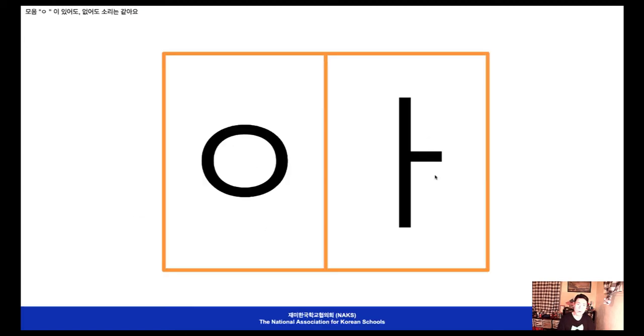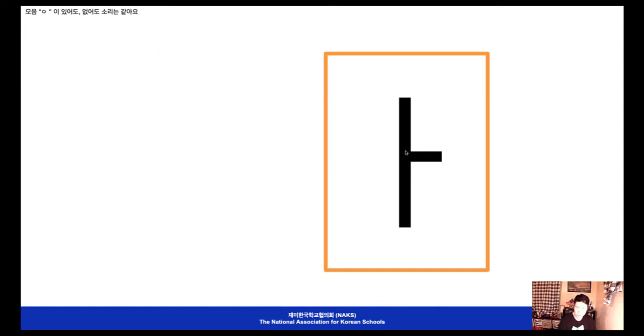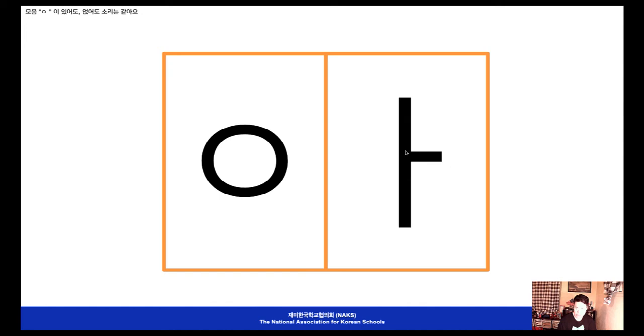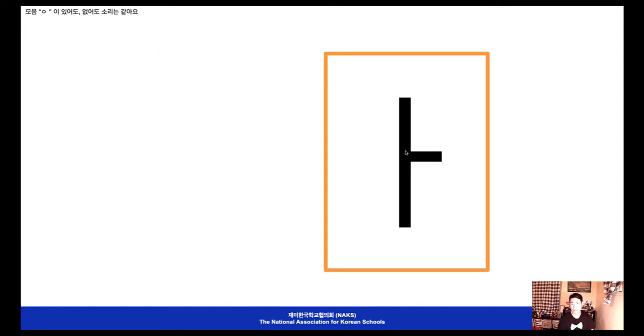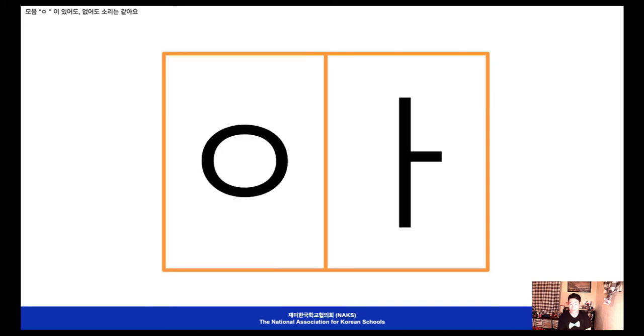There is a rule for the vowels, okay? In order for the vowels to exist, there has to be a consonant here. This one is a vowel, even though it cannot exist without it. One of the rules in the Korean alphabet is you've got to have a consonant to start. Always start with a consonant and vowel.